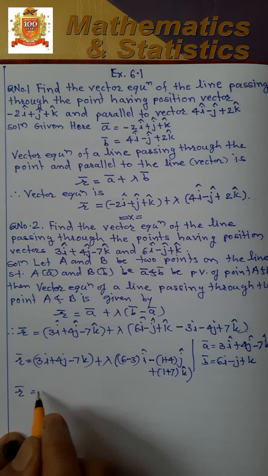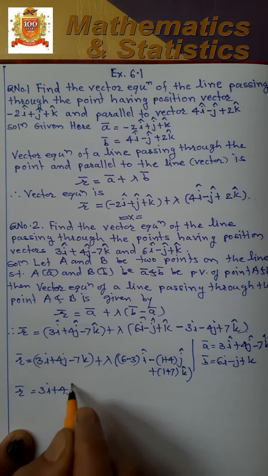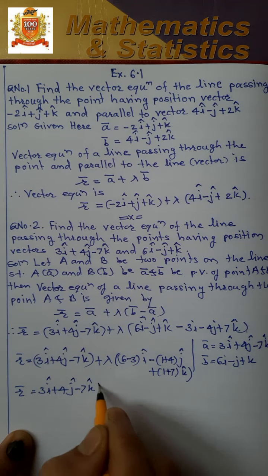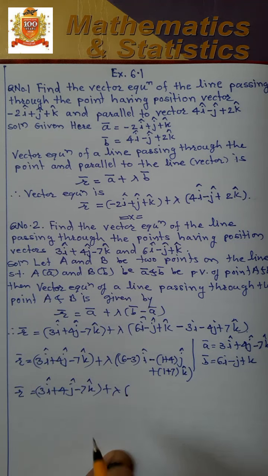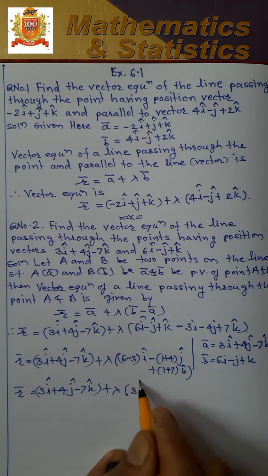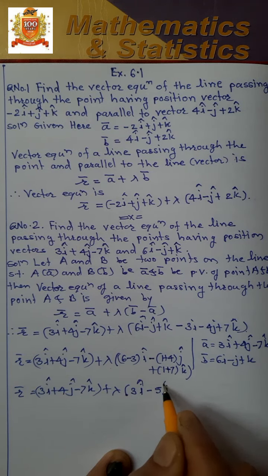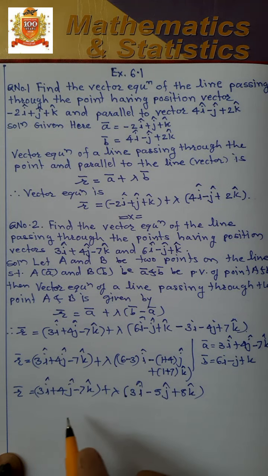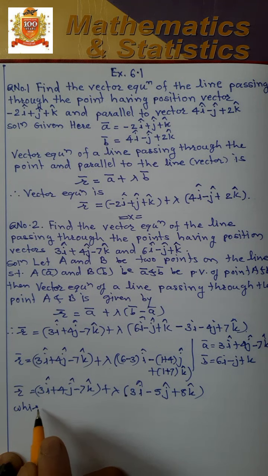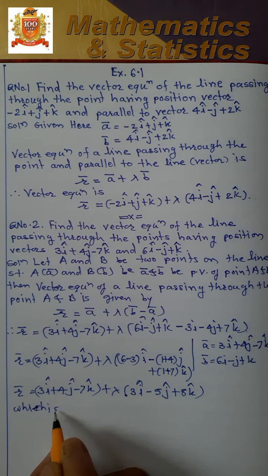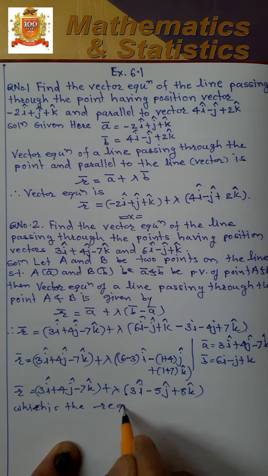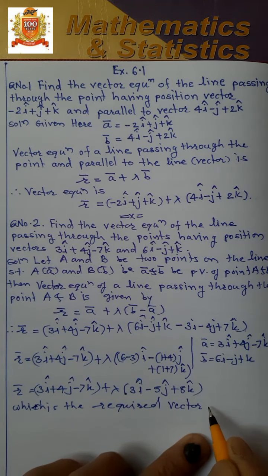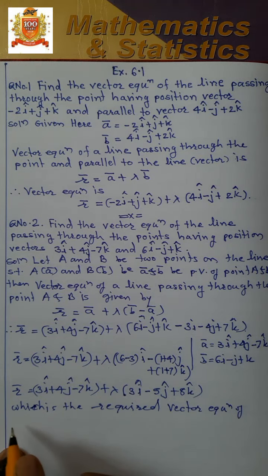Therefore, r bar is equal to 3i plus 4j minus 7k plus lambda in bracket 3i minus 5j plus 8k, which is the required vector equation of the line.